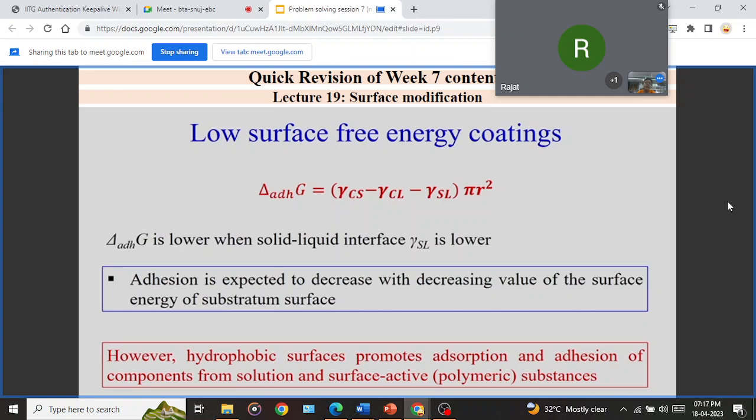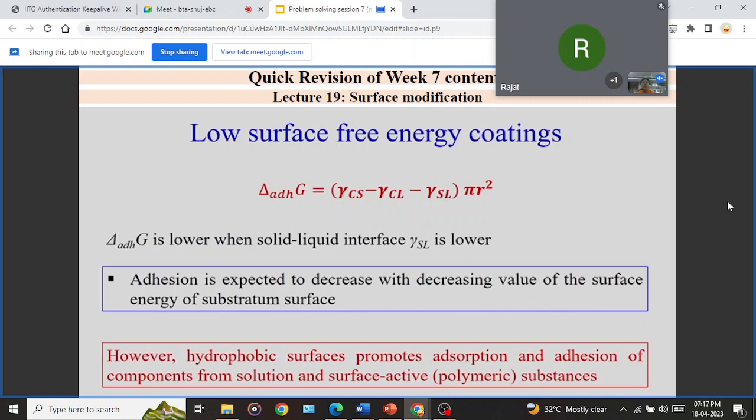Apart from this, we can go for low surface free energy coatings. So the Gibbs free energy of adhesion, as you can see, is given by gamma CS minus gamma CL minus gamma SL. So CS is the cell surface, CL is the cell liquid interface, and SL is the solid liquid interface.